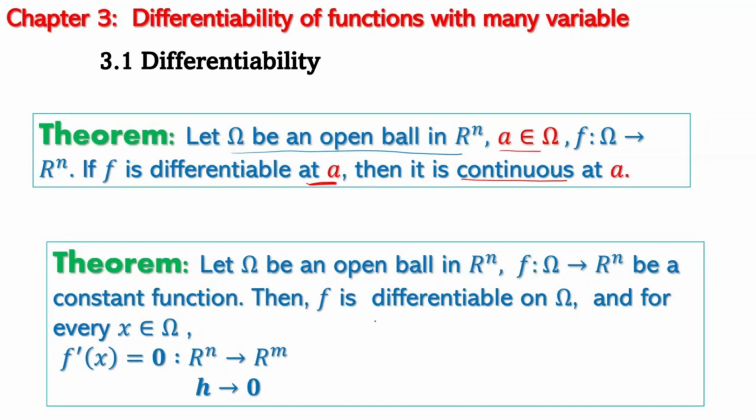So if f is differentiable on omega and for every x belonging to omega, f dash x is equal to 0, so 0 is the zero function from Rn to Rm. That means h from Rn goes to 0 of Rm. To be specific, this is 0 of Rn going to 0 of Rm when f is a constant function.